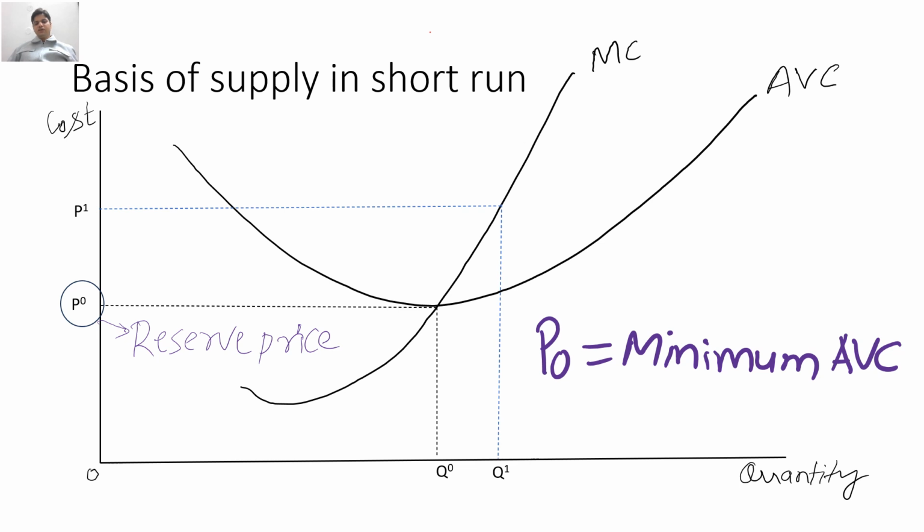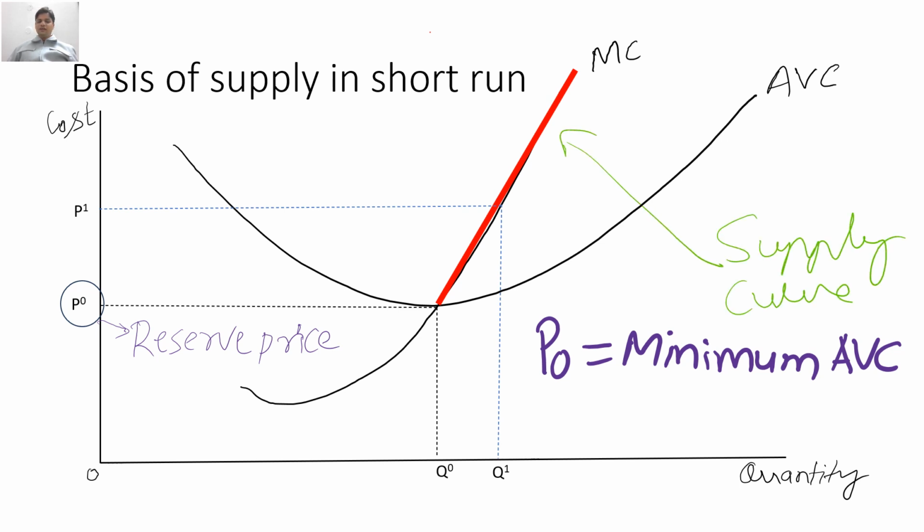Here we are assuming that whatever is produced is also sold in the market. So the relevant curve here to determine the supply is the marginal cost curve. Which portion of the marginal cost curve? Here we have indicated that by the red color, and this red portion is the supply curve of a firm in the short run in a perfectly competitive market structure.